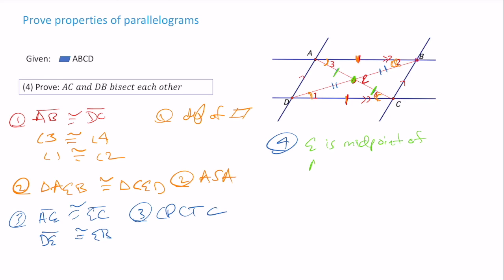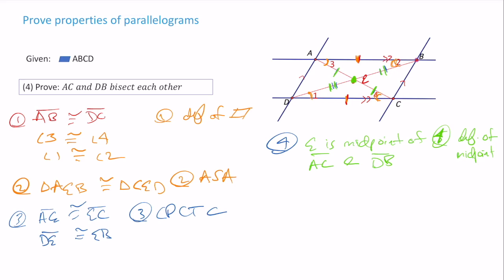And if DE is the same as EB, then E must also be the midpoint of DB. So, for both of those segments, E is the midpoint, because that's the definition of a midpoint. It's the point that splits a segment into congruent pieces. So finally, if that's the midpoint, then that line is getting bisected because that's what a bisector does.